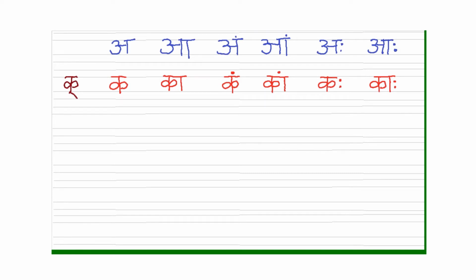So instead of just doing it for the ka family, the ka vargaha, because we've learnt all the consonants, I'm going to do randomly different vyanjanani. The next one I'm going to take is jha.